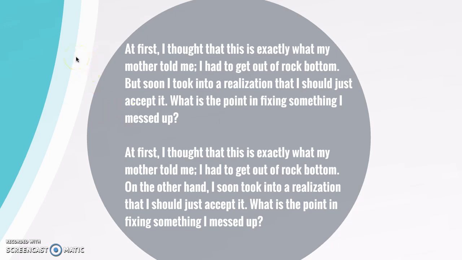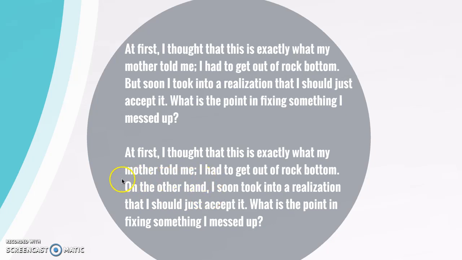Number 2 example: at first I thought that this is exactly what my mother told me. I had to get out of rock bottom. But soon I took into a realization that I should just accept it. What is the point in fixing something I messed up? So for this example, and this but here, I chose to use the phrase on the other hand.